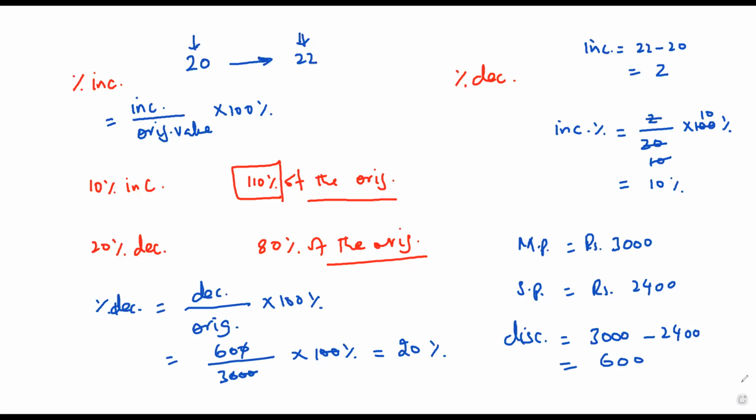Now, let me give you a very weird example here. Sometimes what happens, suppose your grandfather bought a plot for, let's say, rupees 2 lakhs. And now the price of that plot has gone up to, let's say, rupees 300 lakhs.